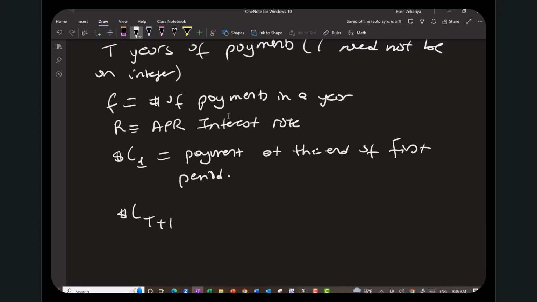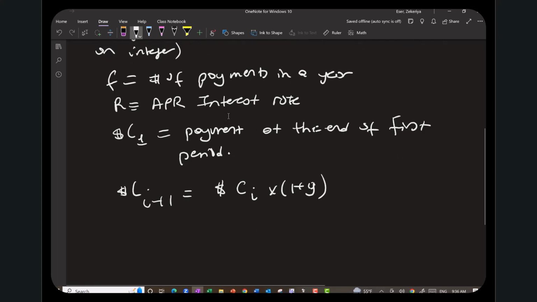I should call this i. And i equals from 1 to, so we'll figure that out.